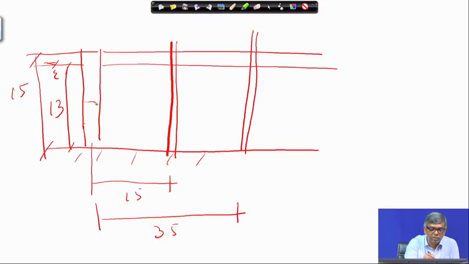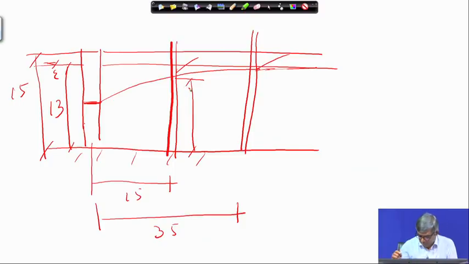And when you do the pumping, the drawdown will be something like this. Here drawdown something, here drawdown something else. So, based on the given information, this becomes 11.7 and this becomes 10.5, and this is 13.